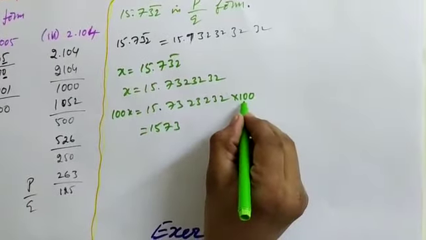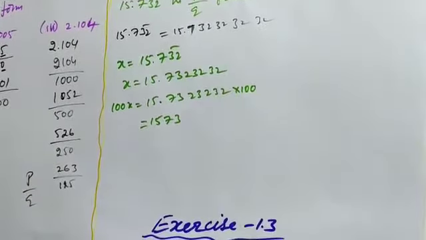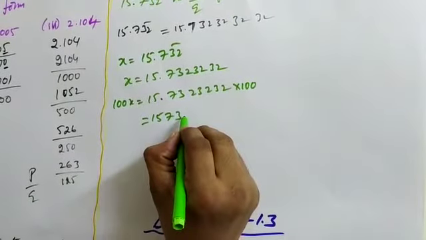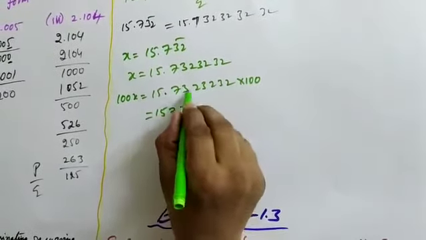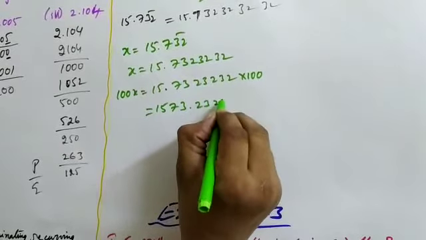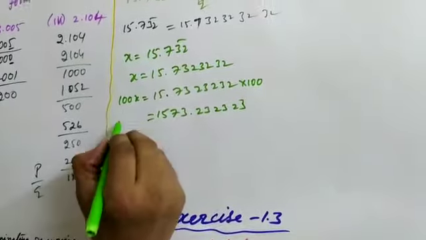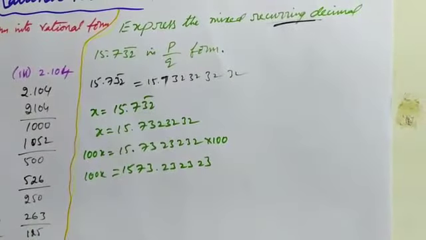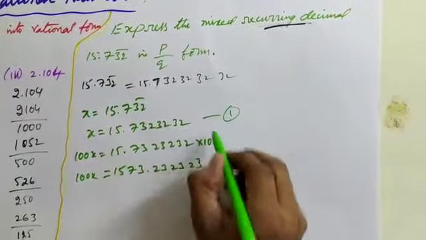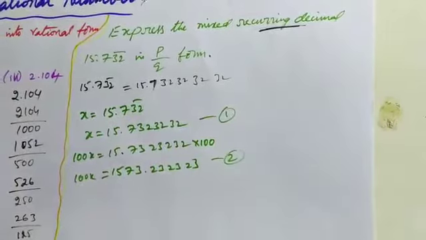Why? Because of the multiplication with 100, the point moves. Then 23 and so on. This is 100x. This is equation number 1, this is equation number 2.